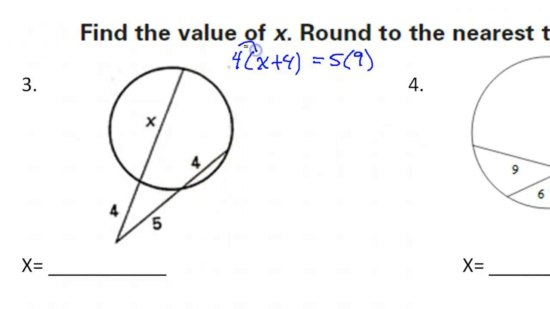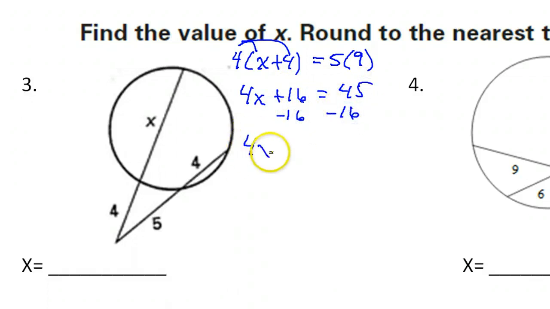So now it's just a matter of solving this. So we have 4x plus 16 is equal to 45. Subtract 16 from both sides, and we will have 4x equals 29. And then we need to divide both sides by 4.